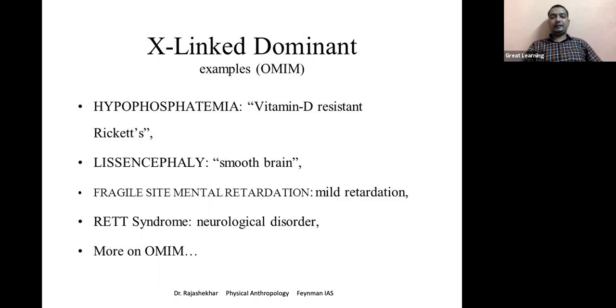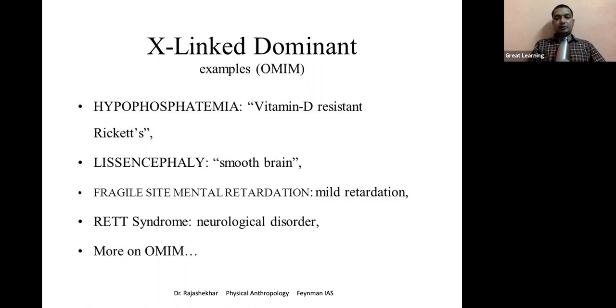And vitamin D resistant rickets is not depending on vitamin D. It's not because they are not receiving vitamin D, but because of a genetic abnormality. It is called hypophosphatemia. Hypophosphatemia, vitamin D resistant rickets.